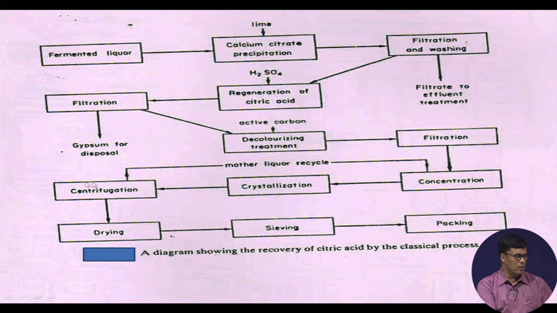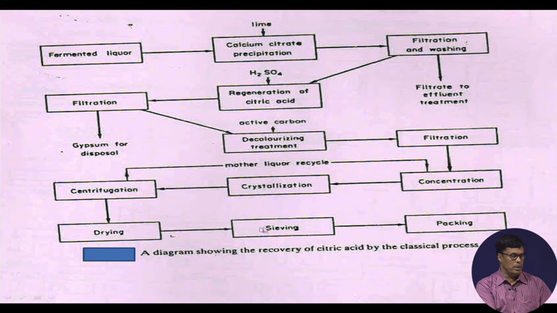Then we pass it through centrifugation. After centrifugation, we separate out the crystals and the mother liquor, which we take back to the evaporator to concentrate further. The solid crystals we wash first, and then dry with the help of a drum dryer.